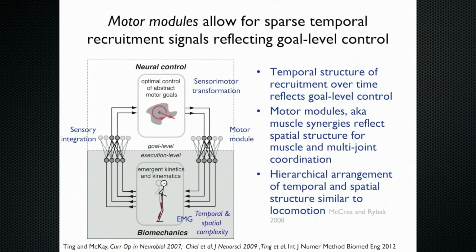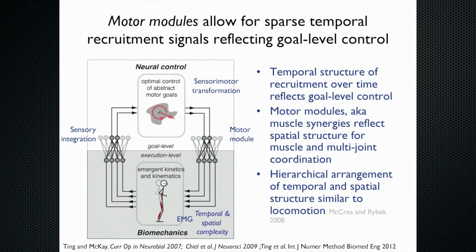And why would we do this? The motor modules that I'm going to talk about today really are talking about just the very lowest level of coordinating multiple muscles at one instant in time to move the limb. What that does for the neural control signal is it allows me to structure a control over time that doesn't have to think about muscles, that thinks about what the task is, whether I have to move to the left, move to the right.